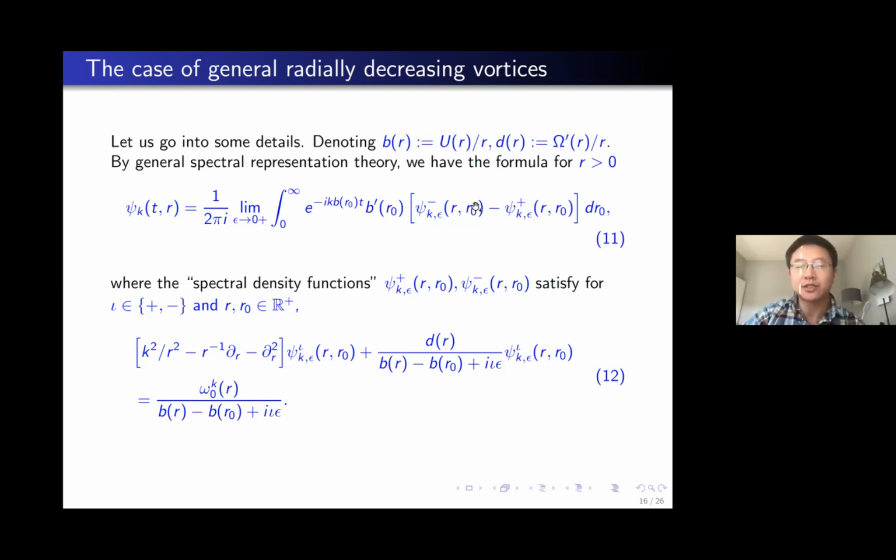So it encodes both the spectral information and the physical space information. So these objects really give everything about the linearized flow. If you know these guys well, then you know everything about the linearized flow. And moreover, these objects, the so-called spectral density function in the variables R and R naught, satisfy this equation. Okay, so you have dr divided by this.